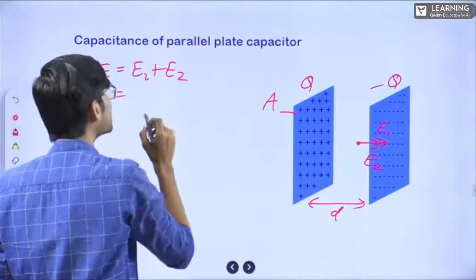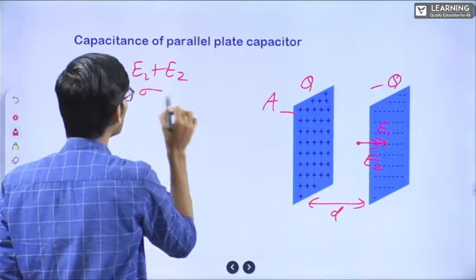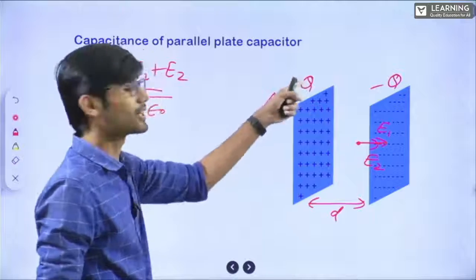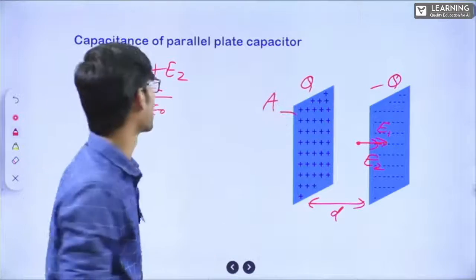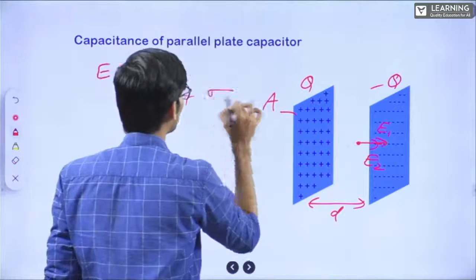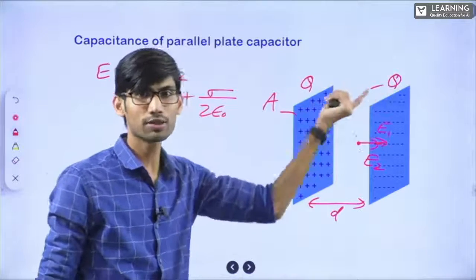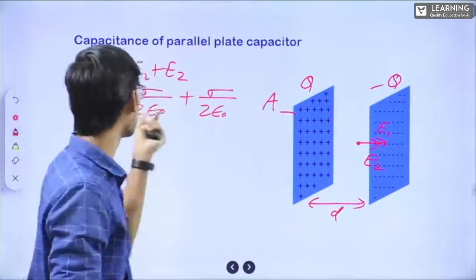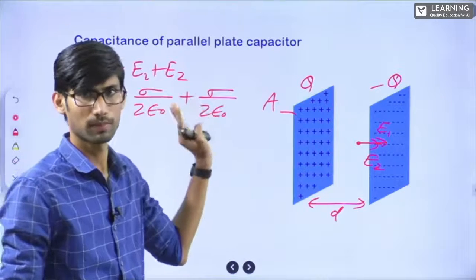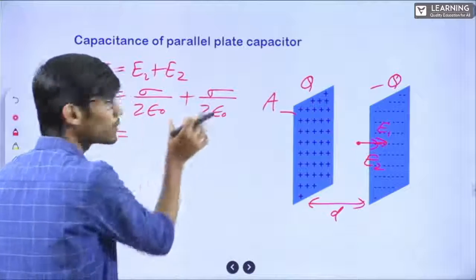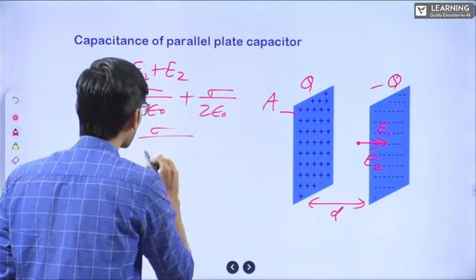So now if I add it, E1 is sigma upon 2 epsilon naught. What is sigma? Charge per unit area. The magnitude of charge is the same and the area is the same, so for both, sigma will be sigma only, not sigma 1 or sigma 2. So sigma upon 2 epsilon naught plus sigma upon 2 epsilon naught is sigma upon epsilon naught.